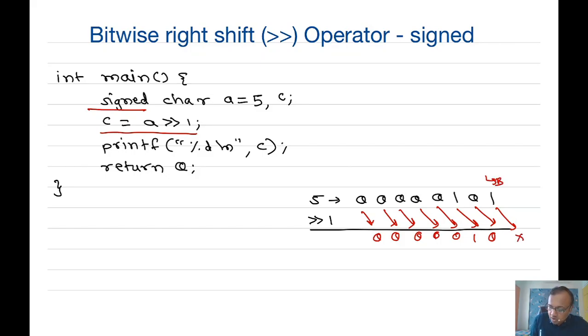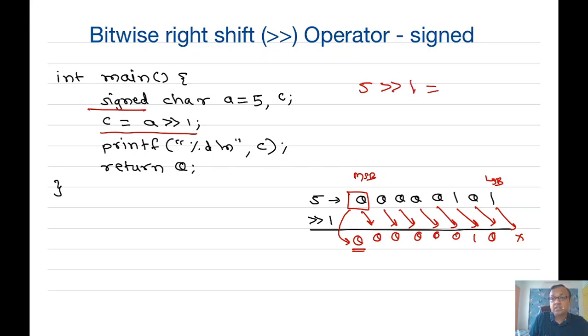But what about the leftmost bit? Listen carefully. The leftmost bit will be a copy of your old MSB. So since your old MSB was 0, it retained 0. Now you may find that the difference is not big.